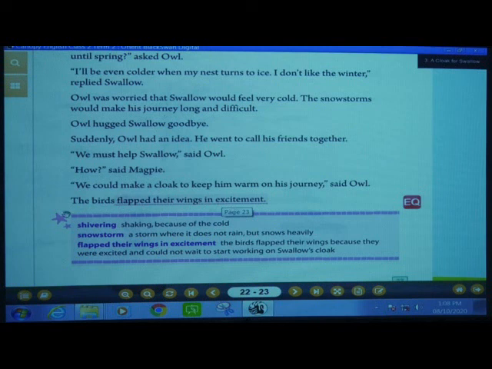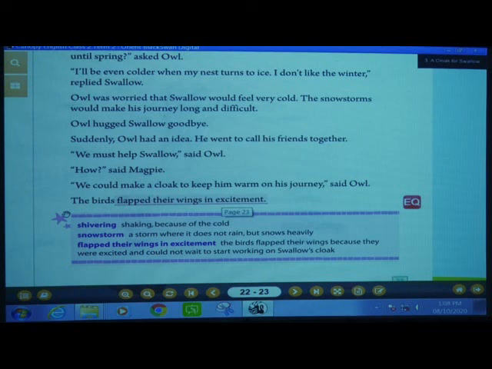So what did Owl do? Owl called all the friends and said that we should help Swallow for his journey. So what did Magpie say? How can we help? Then Owl replied that we can make a cloak for Swallow for his journey.